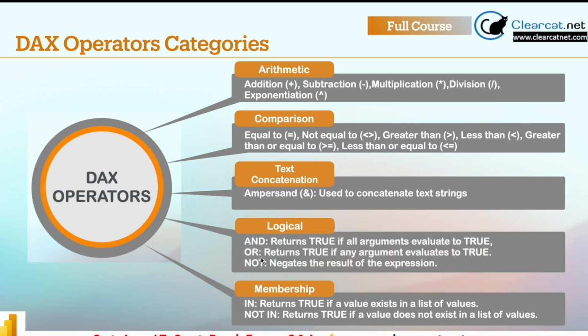Logical: and, or, not, which return true or false as per our argument. Membership: in, not in. These are the two which fall under membership. So these are the 5 categories under which we have a total of 15 operators, and we are going to use them in our Microsoft Power BI.